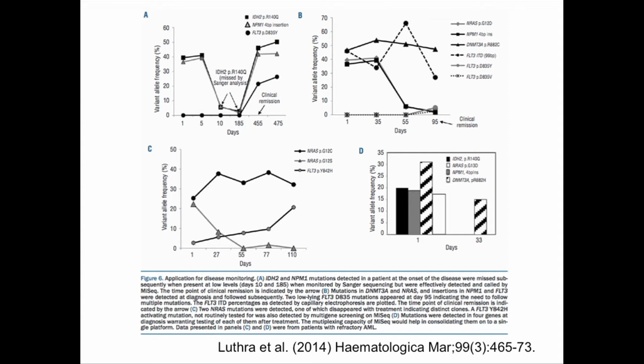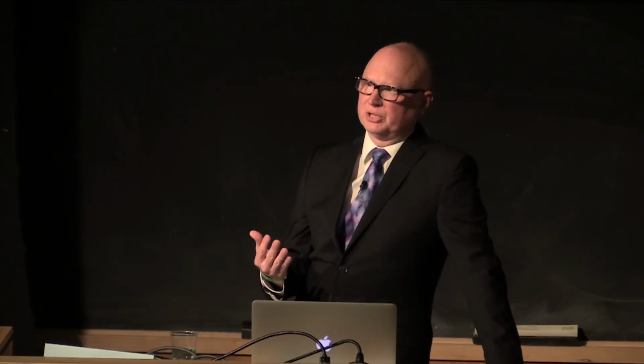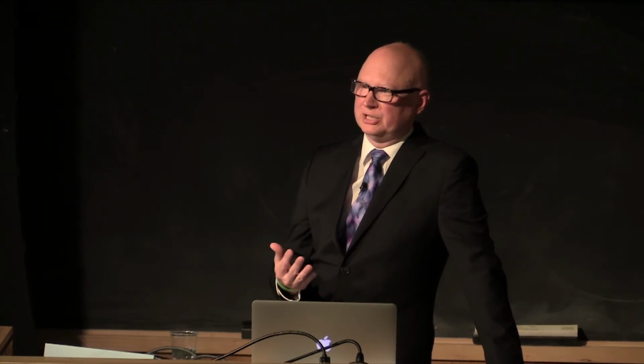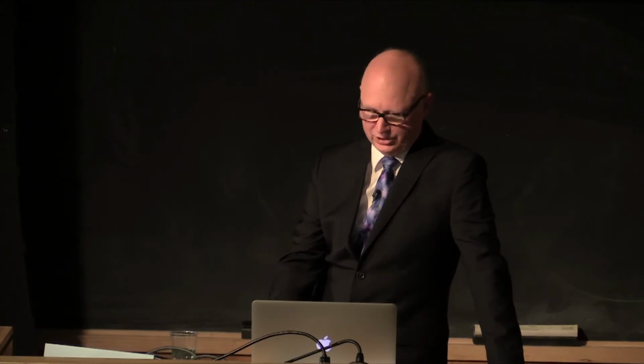In this particular patient, there was persistence of a mutation in one of the DNA methylation genes, DNMT3A, that probably is present in a clonal stem cell population that predates the occurrence of leukemia, whereas the actual leukemia itself responded to therapy and was eradicated. So the use of these technologies, particularly in these complex heterogeneous populations of samples, is going to be tricky and requires, I think, a lot more investigation.